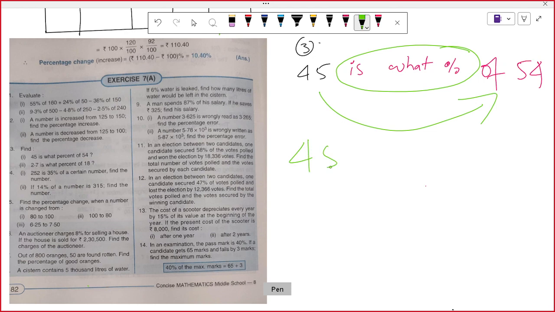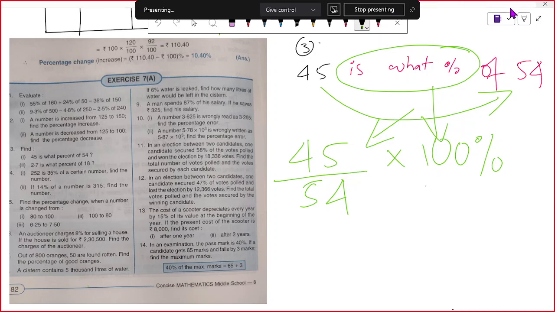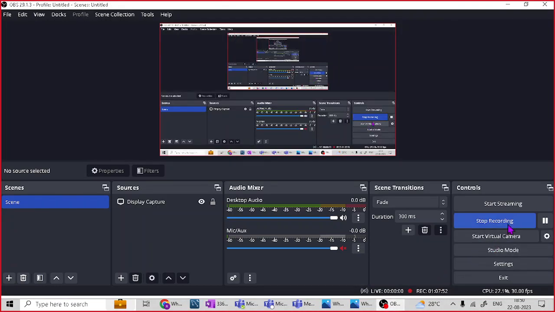So how do you find it? 45 divided by 54 into 100%. Try the second one for homework and the X method I'll teach you all tomorrow. Okay, sir.